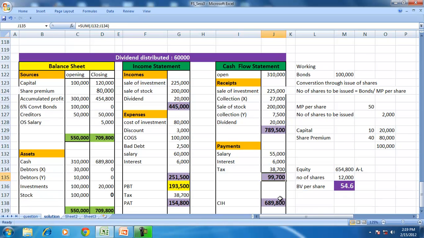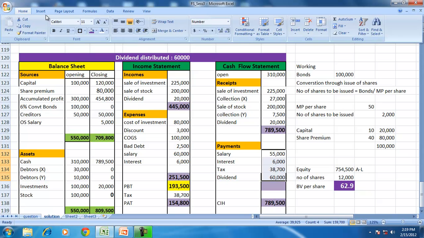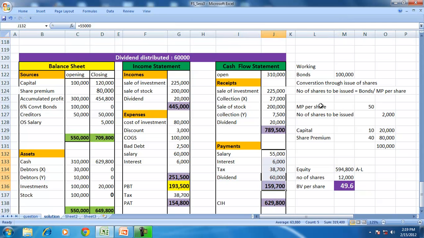So in the cash flow statement, the dividend will be shown as a cash outflow of 60,000. Cash outflow will increase by 60,000.